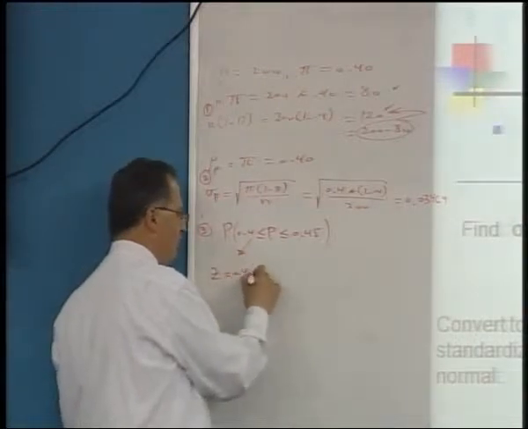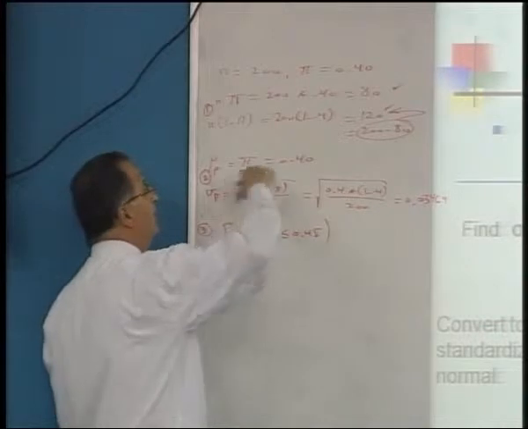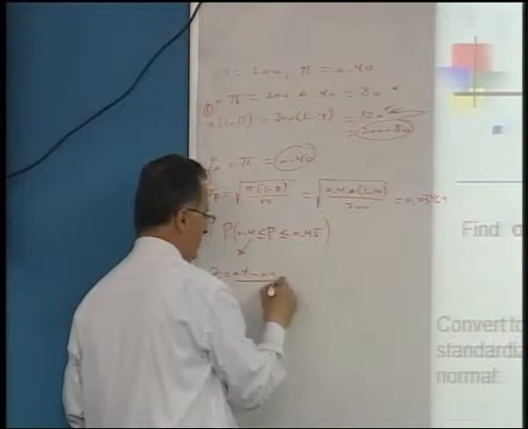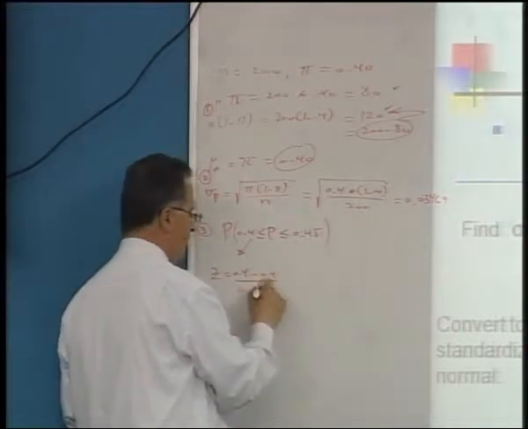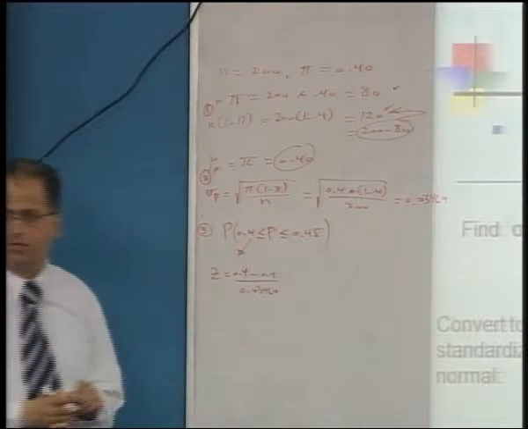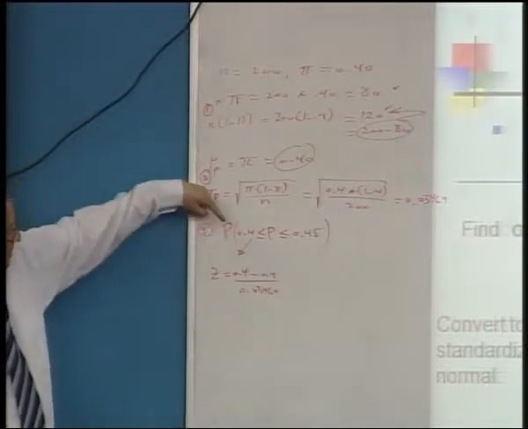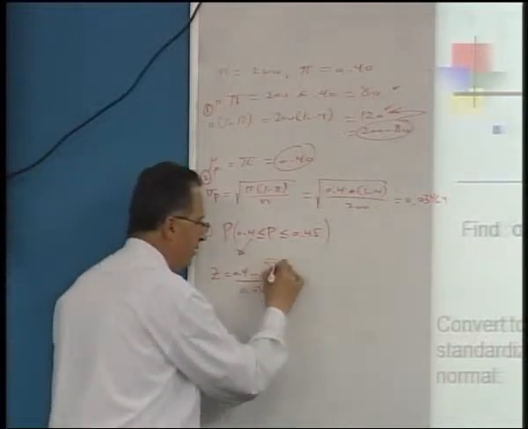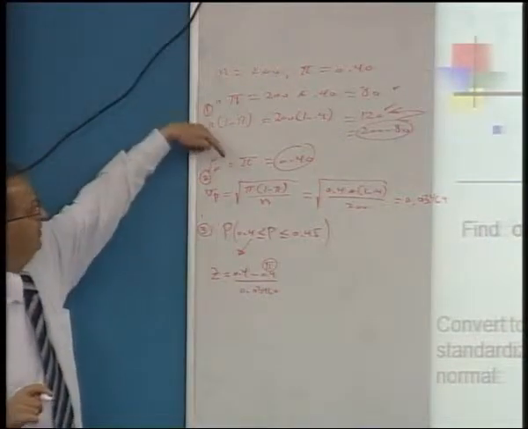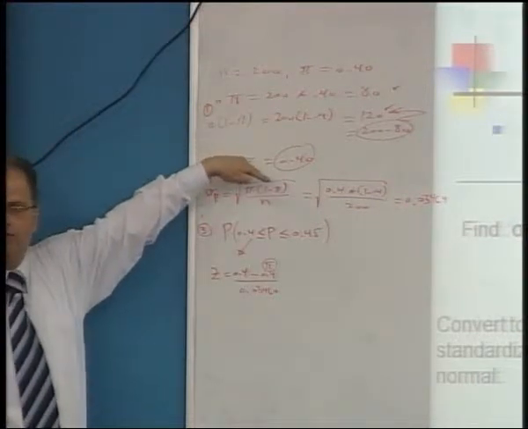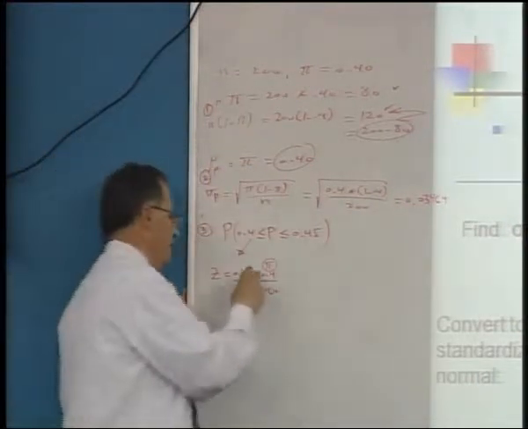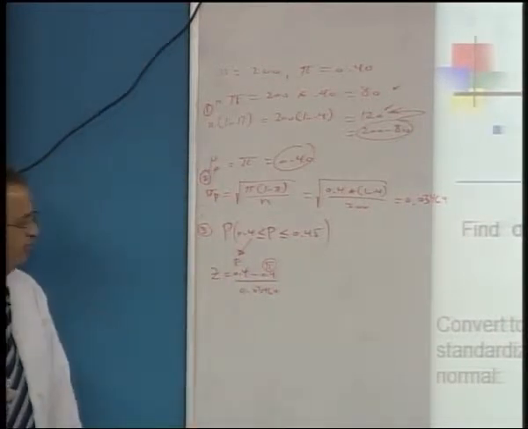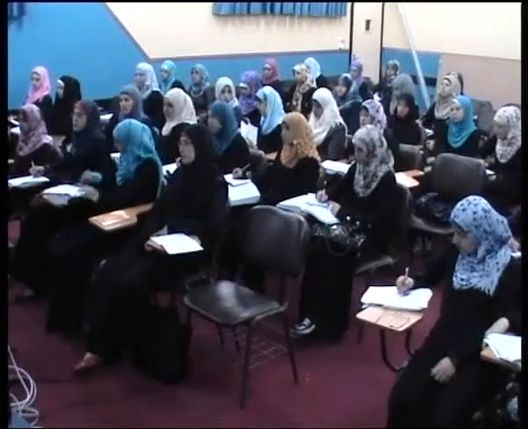So that's 0.4 minus, again, the mean of p, which is again 0.4. This is pi, and pi, in this case, is always 0.4. And this is your p. So 0.4 minus 0.4 divided by 0.0346. This one equals 0.